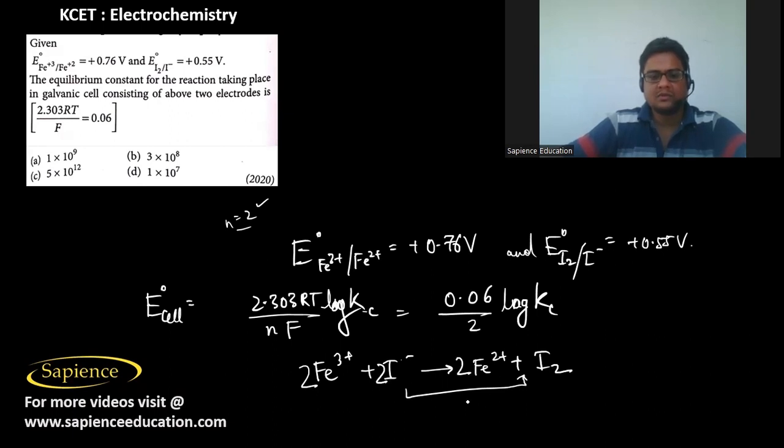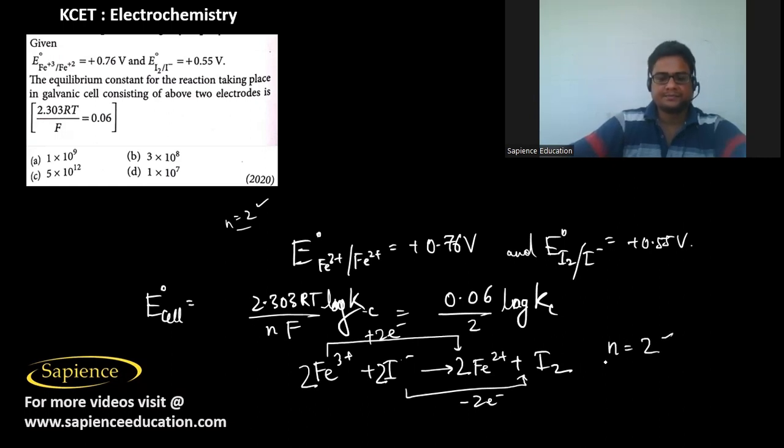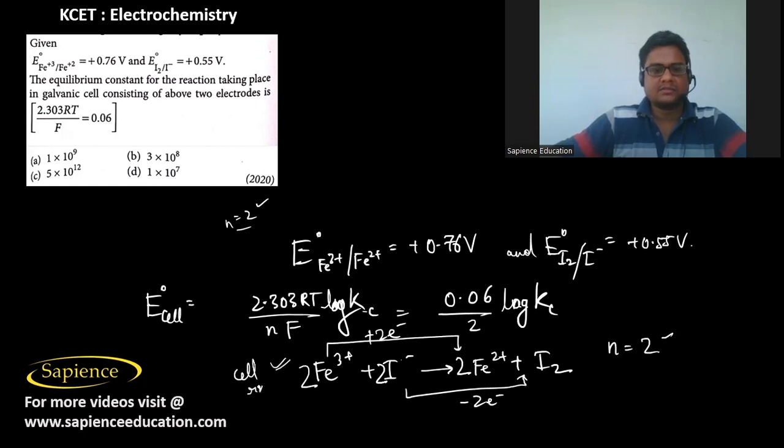So here I minus loses 2 electrons, and there is oxidation, and Fe3 plus gains 2 electrons. So it means 2 electrons are involved. So the N value is 2 here. Now this is the overall cell reaction which is happening here.